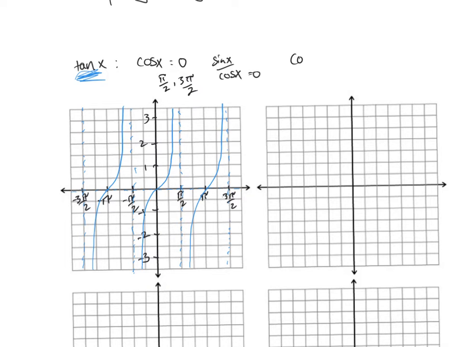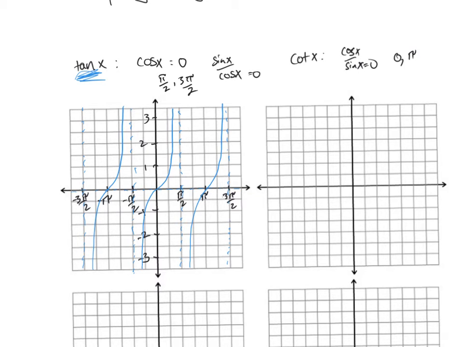Cotangent of x has the same properties. However, with cotangent of x, the asymptotes are going to be different, because cotangent is cosine of x over sine of x. So whenever sine of x equals 0, we have to have an asymptote. And that happens at 0 and pi.